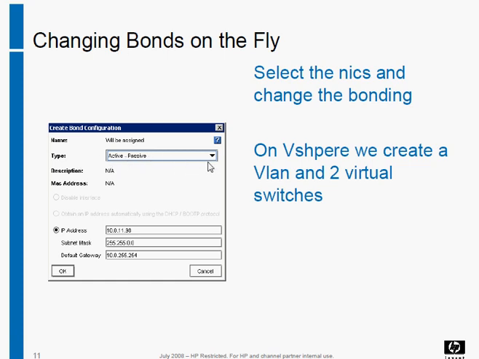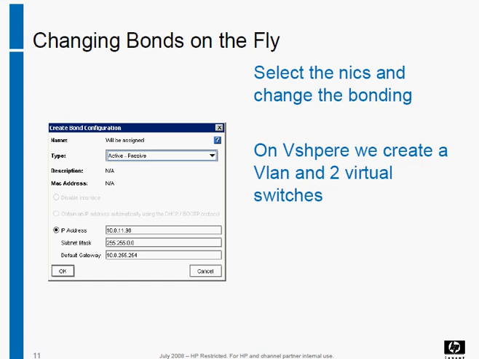Here, as you can see, there's a dialog, and we can just select the different kind of bonding. It will lose connectivity for about 5 seconds or so, and then it's good to go. On Vsphere we can create a VLAN with 2 different virtual switches, and we will bond the switches directly on Vsphere.